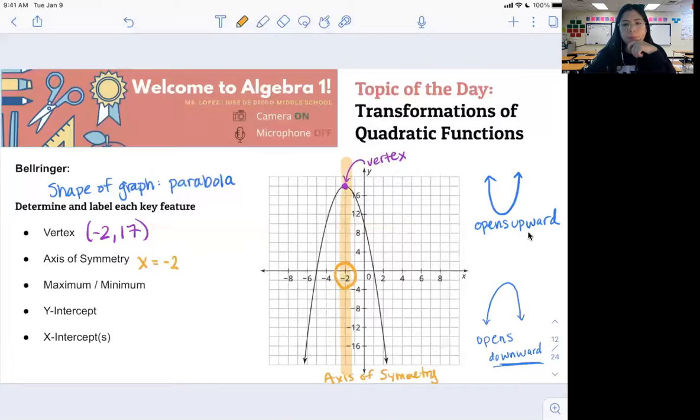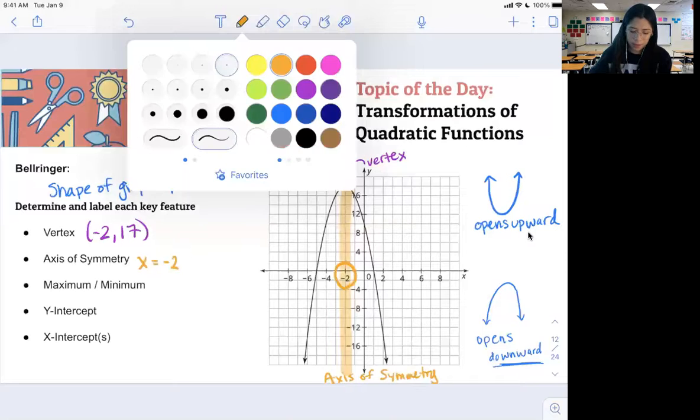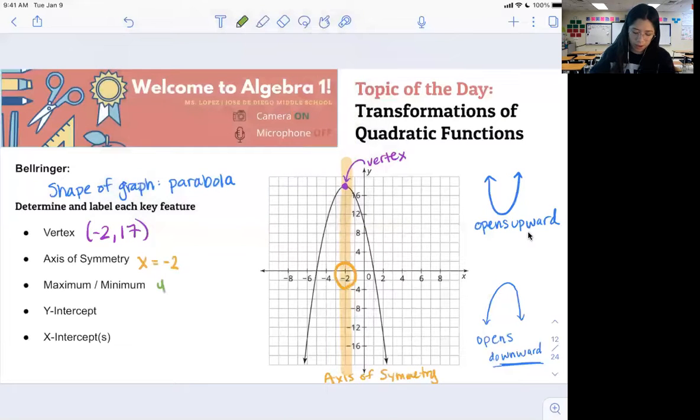All right, cool. Now on this graph, do I have a maximum or do I have a minimum? A maximum. I have a maximum, and Guillermo already got the answer for us. The maximum is located at y equals 17.